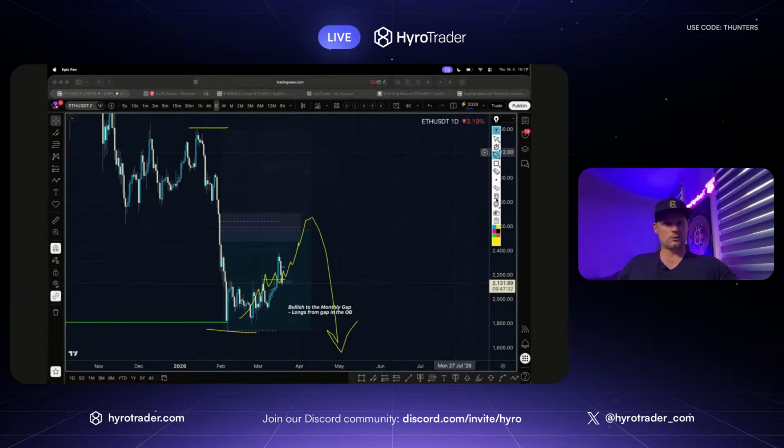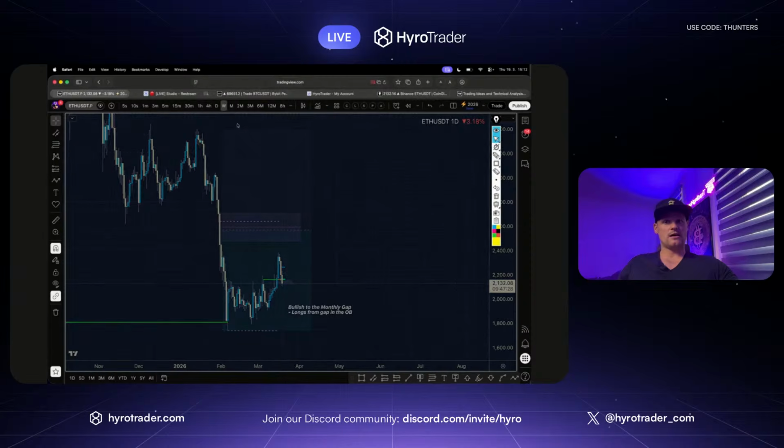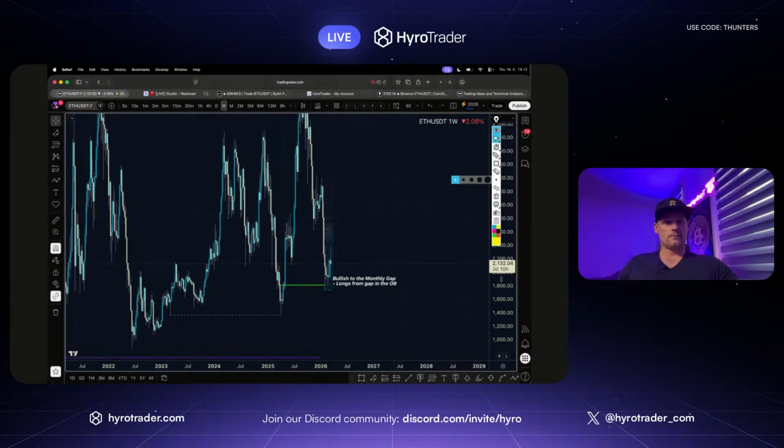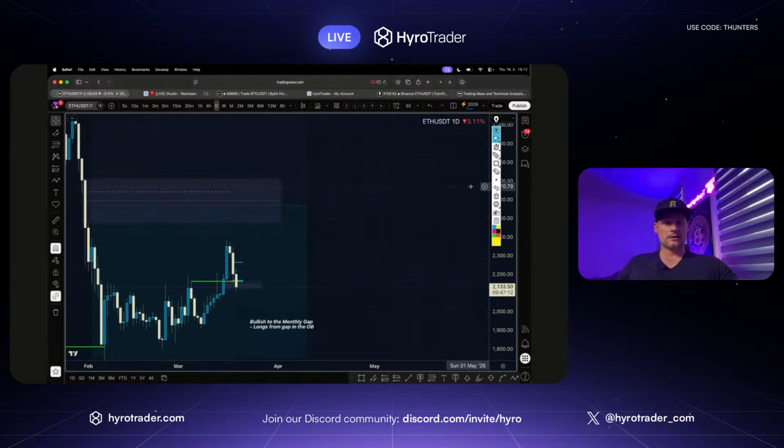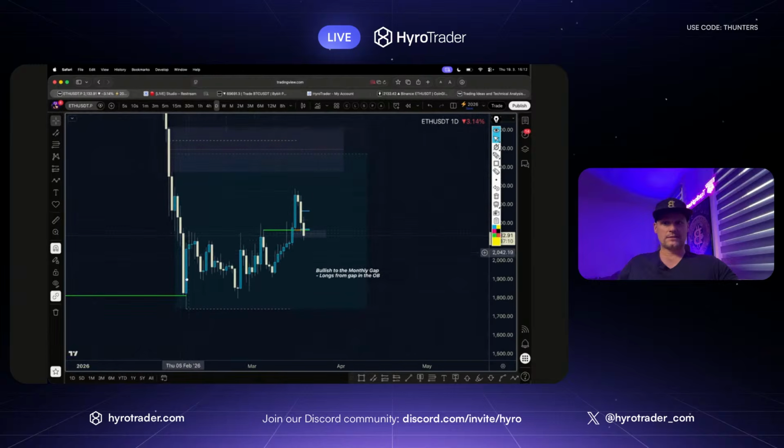Which I think is going to happen because on Ethereum, I believe that it's gonna drop down below these two lows, right? So let's look at what we can do in here, and the price action is basically almost the same. So we got this down candle manipulated on the key level, right?